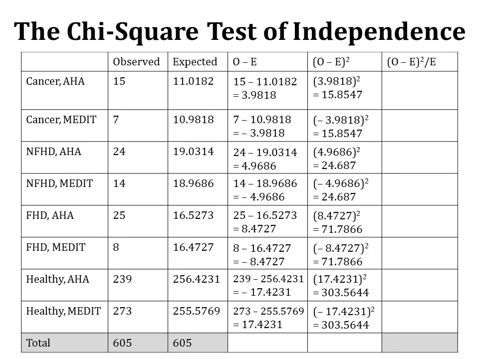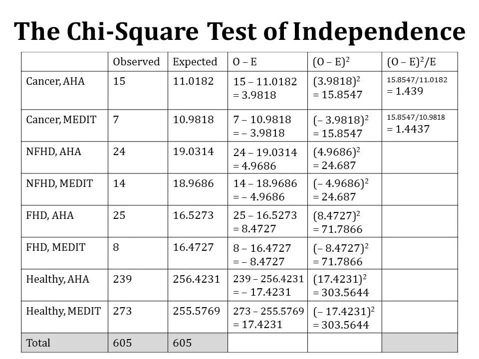After we have taken the square of the difference for each cell, we are going to divide that square of difference by the respective expected frequency. So 15.8547, which is the square of difference between observed and expected frequency of cancer AHA, is divided by the expected frequency of the same cell, and the result is 1.439.